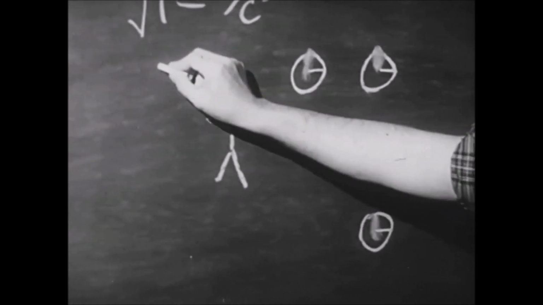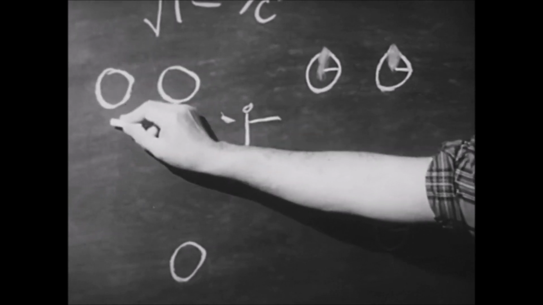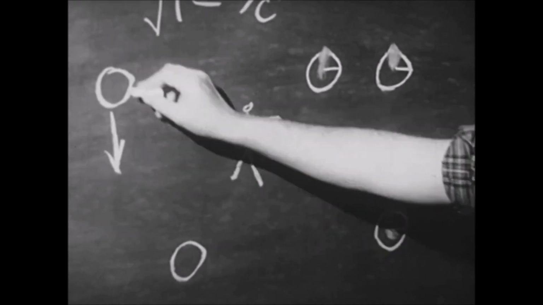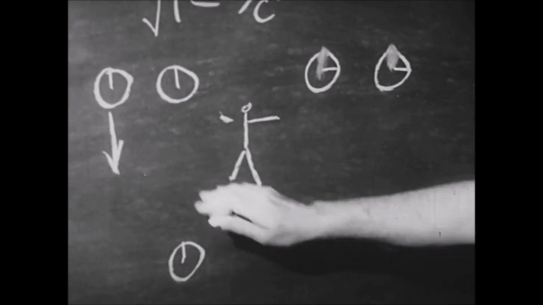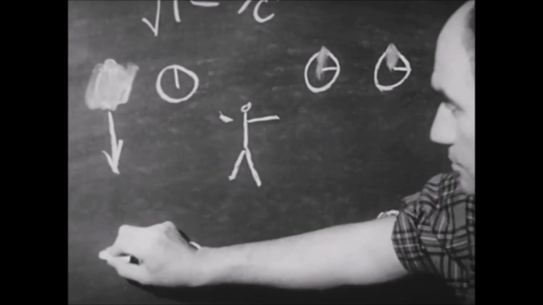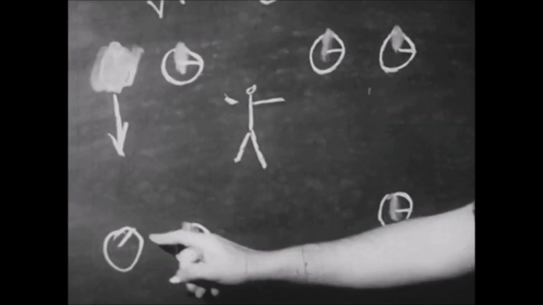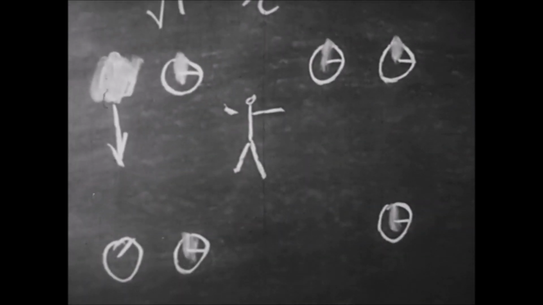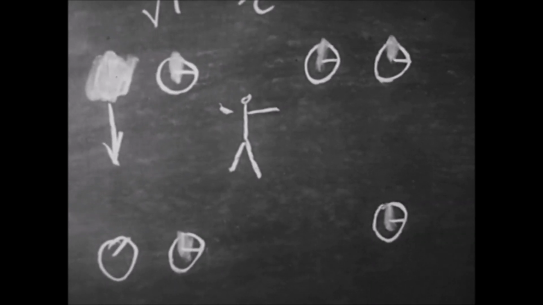But if we have the same 3 identical clocks, but one of them is in motion with respect to the observer, then at the later time, let's say when this one has passed the others, it will reach a shorter elapsed time than the ones that are at rest. As read by the observer, the moving clock runs slow.